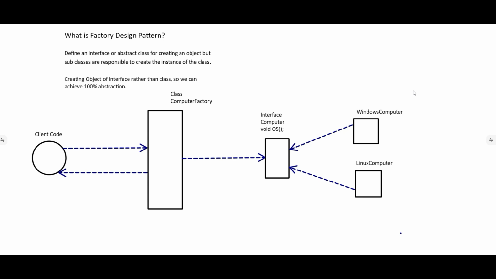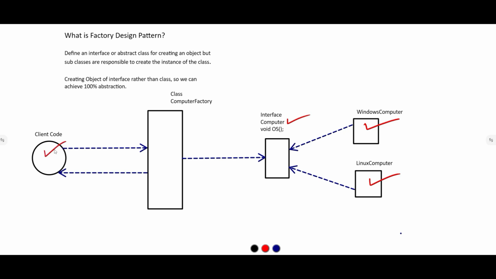We have two classes. One is Windows computer, another is Linux computer, and both the classes are implementing the interface computer. Suppose we have another class, this is called client code.